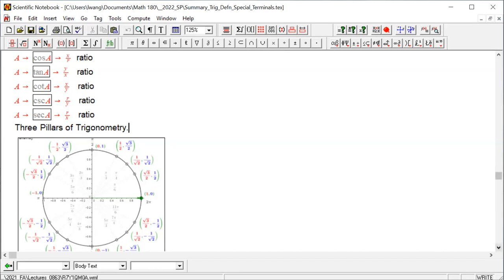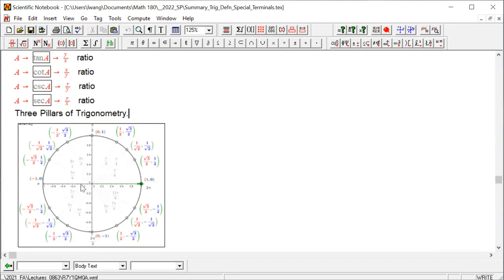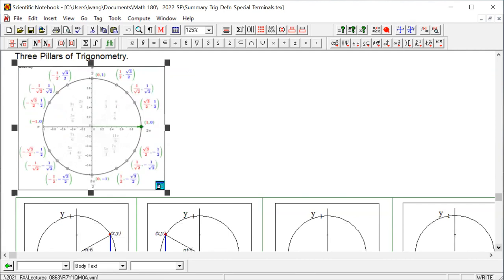I got this circle from the internet, and I found it pretty good. So I have been using the same color tone, okay? The red is for x, the blue is for y, and x is cosine, the red is cosine, the blue is sine.